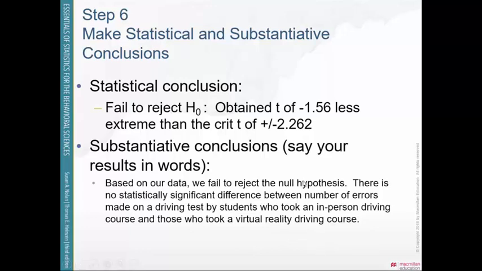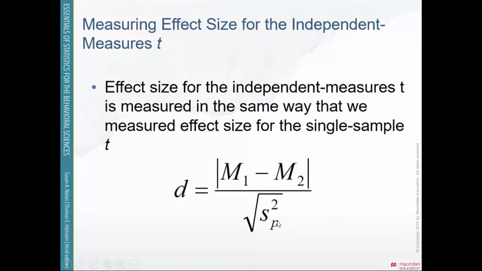All right, hopefully you're able to follow along to this point. There are 2 last pieces that we always have to do. We're going to measure Cohen's d, or your effect size. And effect size is sample mean 1 minus sample mean 2 divided by the square root of variance. And remember, what's the square root of variance? Standard deviation.